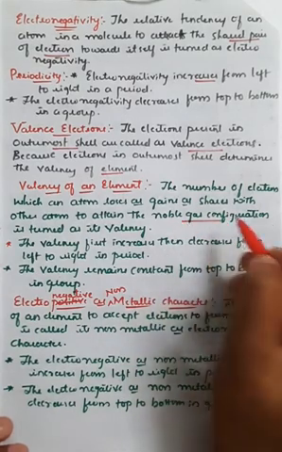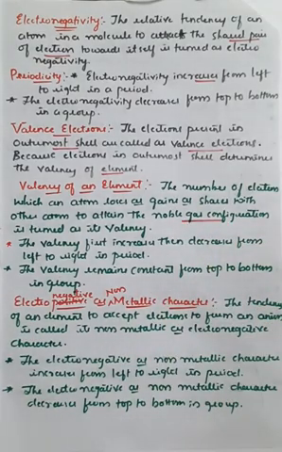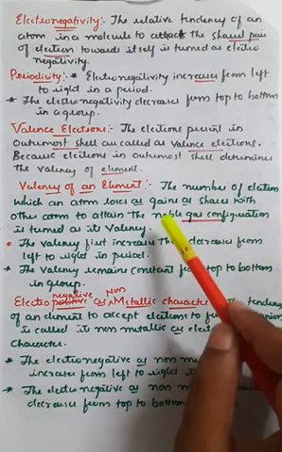Why does it attain the noble gas configuration? Noble gas configuration is nothing but the stable nature. The main aim of every element or every substance in chemistry is to attain stability, and it does so only by getting the noble gas configuration.